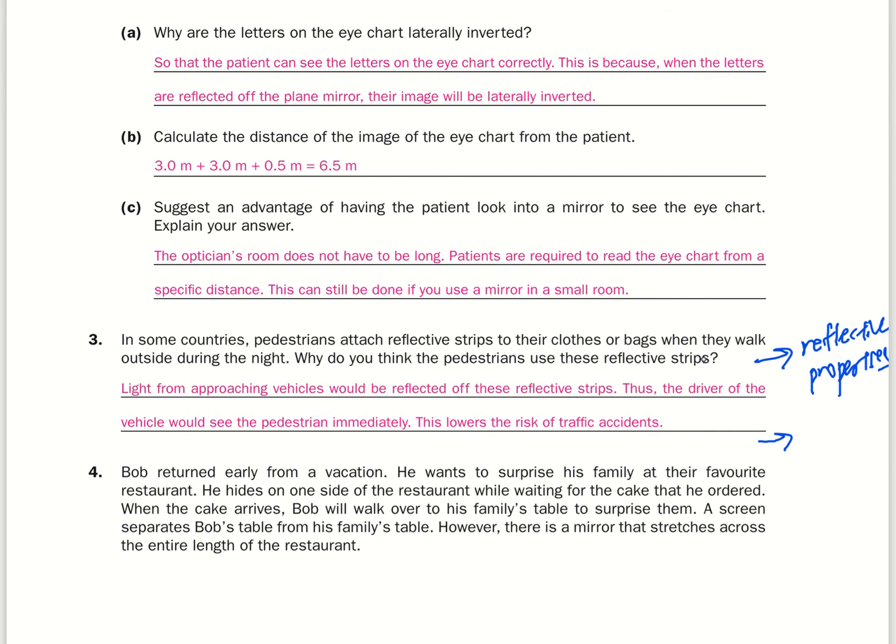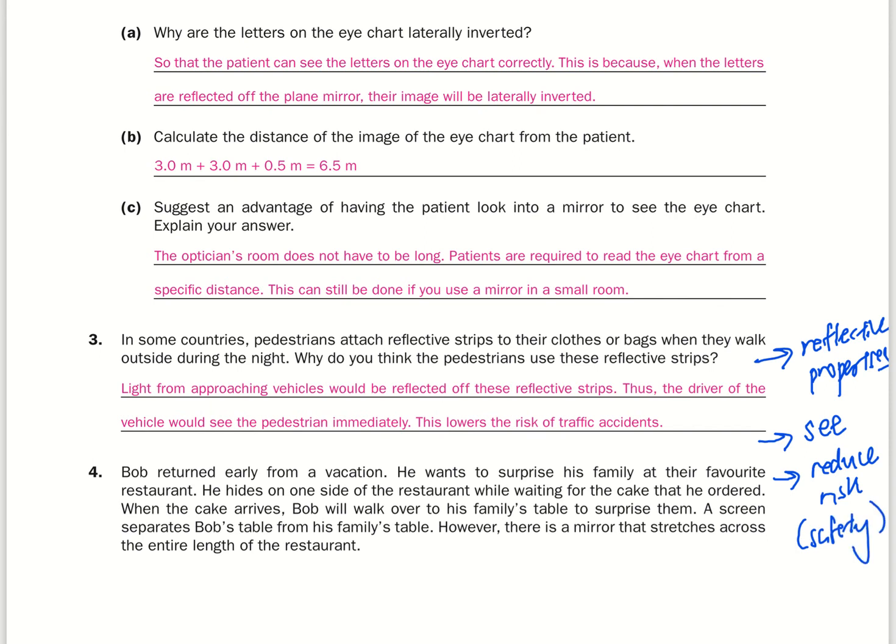The reason being, the driver can see the pedestrian and it reduces the risk of accidents happening. So, can see. And finally, reduce risk of accident. So basically it's for safety purposes.